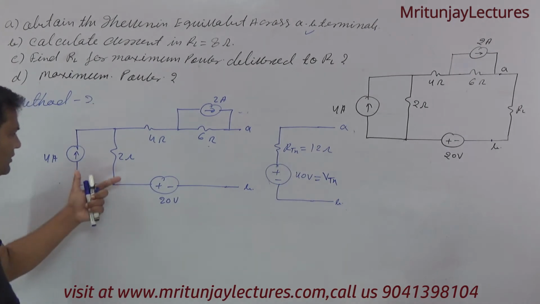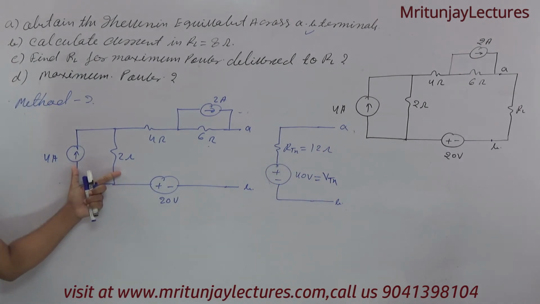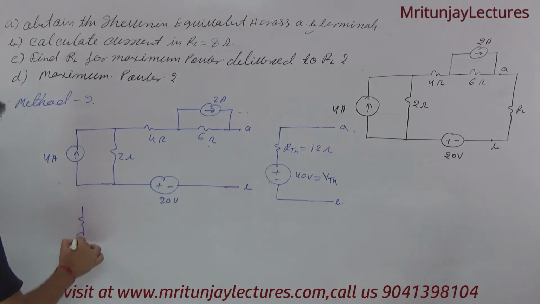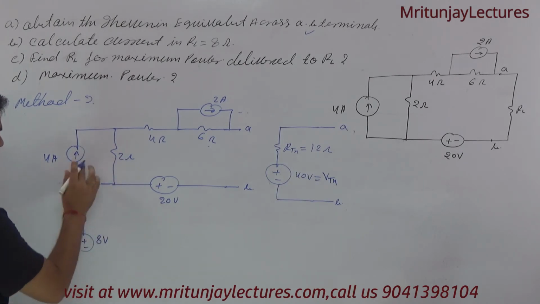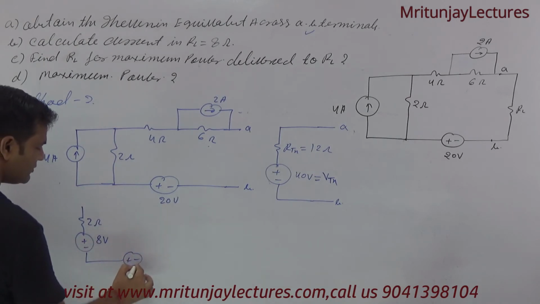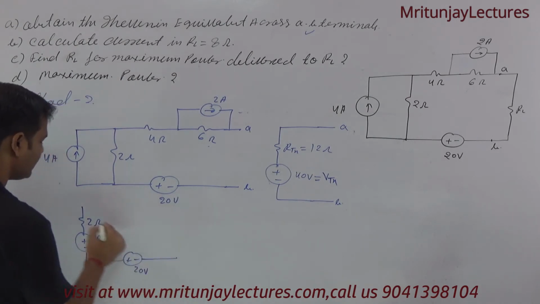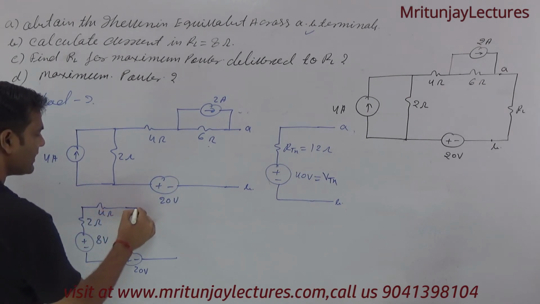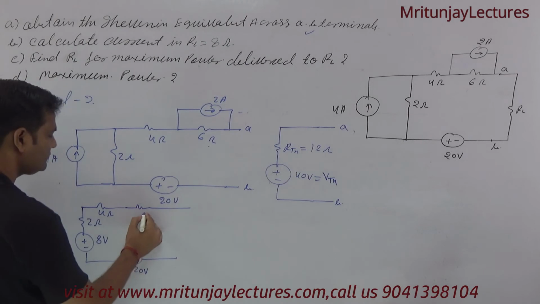So first of all, this one is converted with the help of source transformation. If you convert it, that is 2 ohm, and plus minus 4 into 2, that is 8 volt, and that is 2 ohm. Now this one, plus minus 20 volt, and that is 4 ohm, and that is 6.